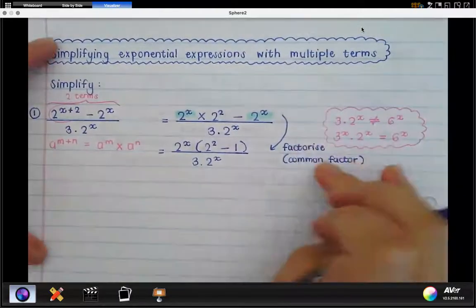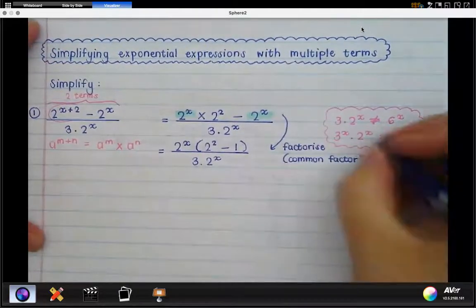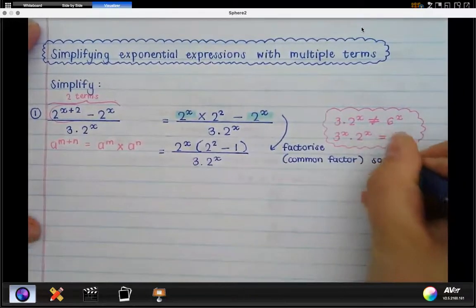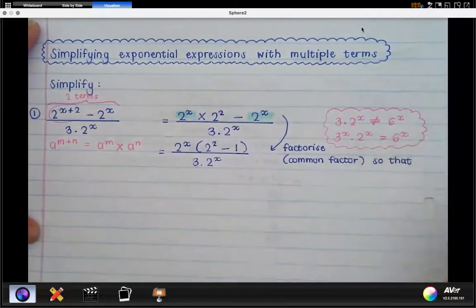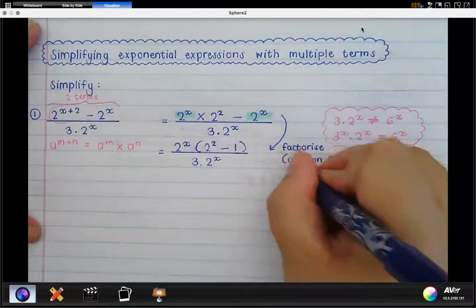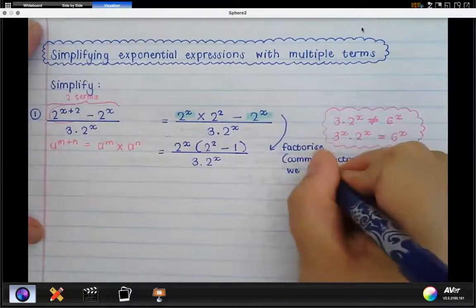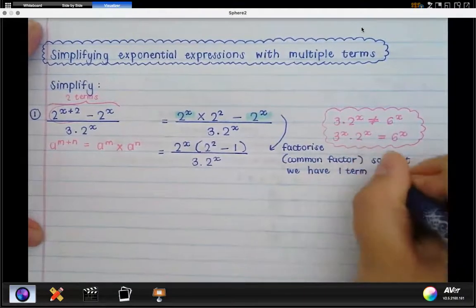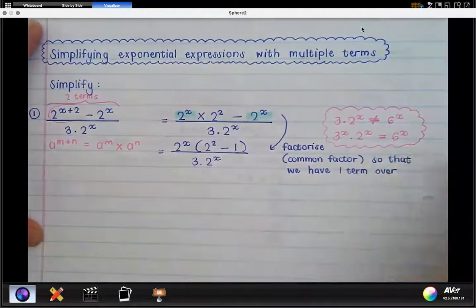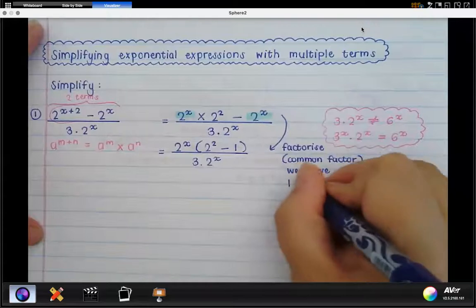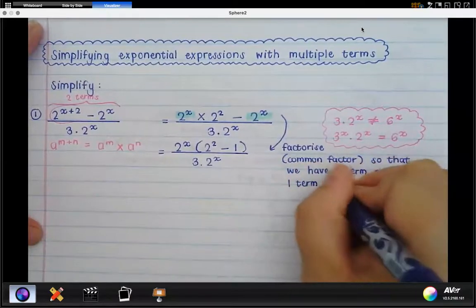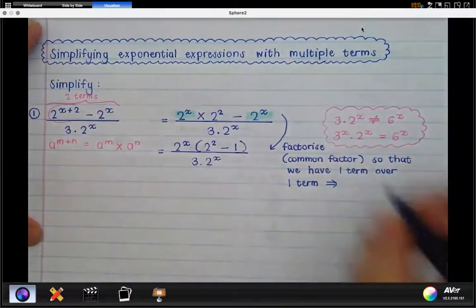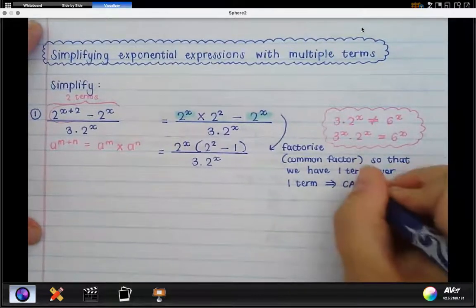All right, so I'm going to say we factorize 1 factor so that we have 1 term over 1 term. Then, so that arrow means then, cancel out.